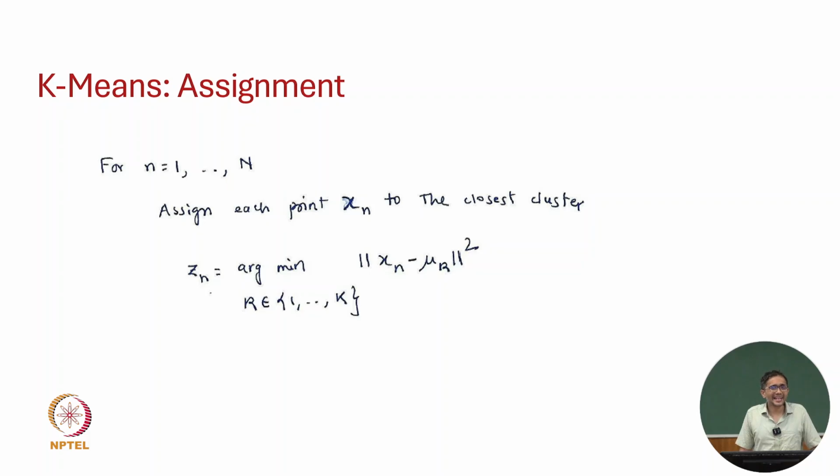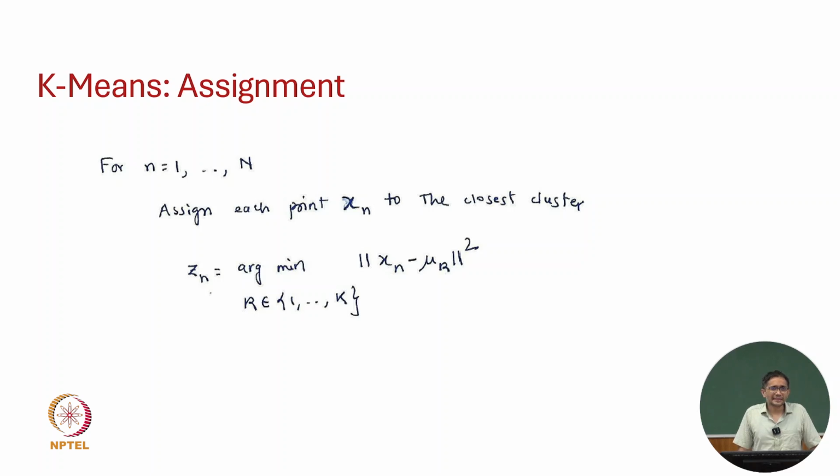That is, given xn, we assign it to the closest cluster, which can be computed by taking the argmin of the distance from the different cluster centers.